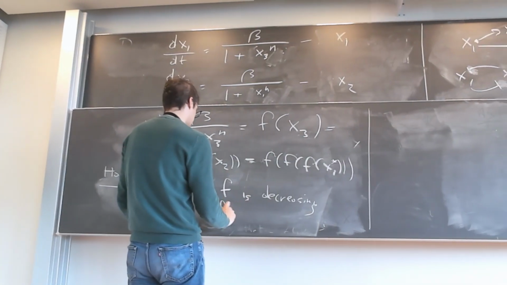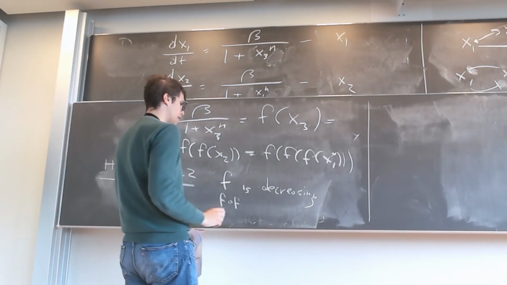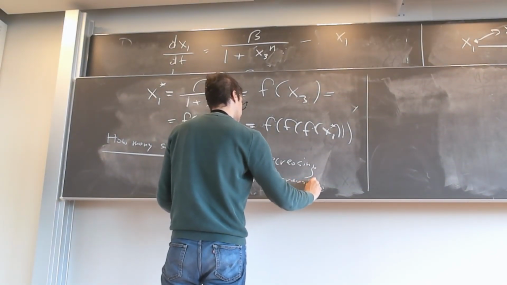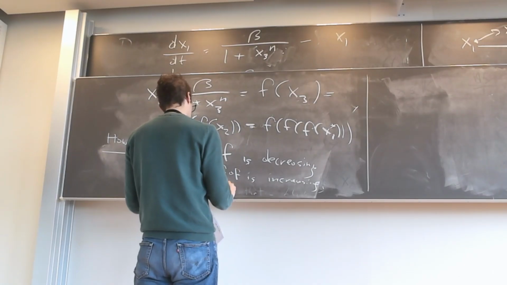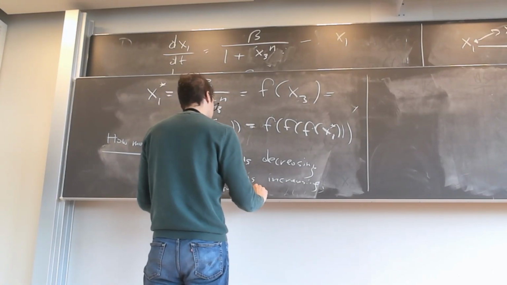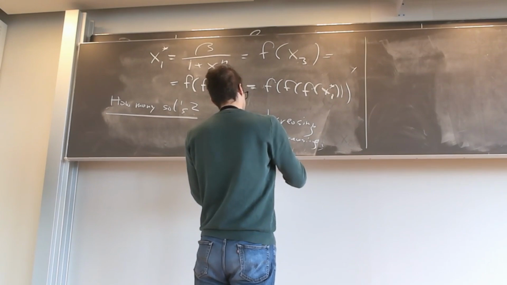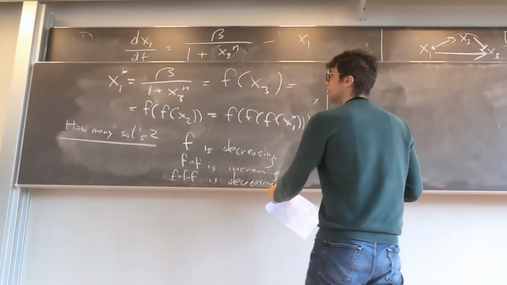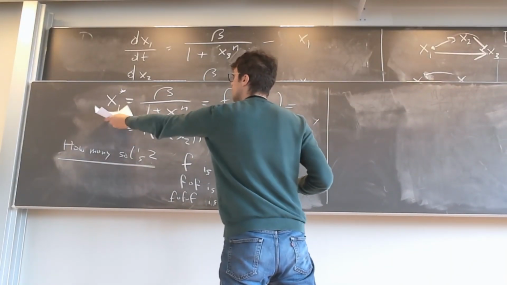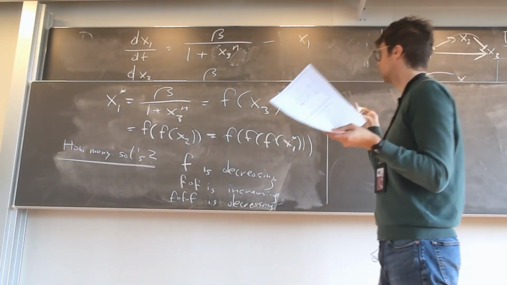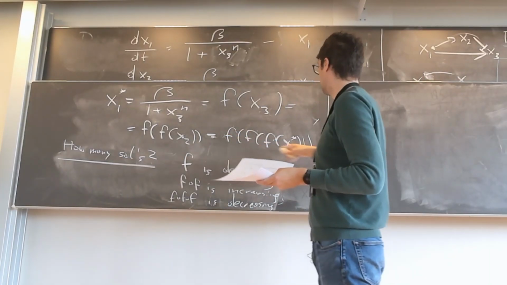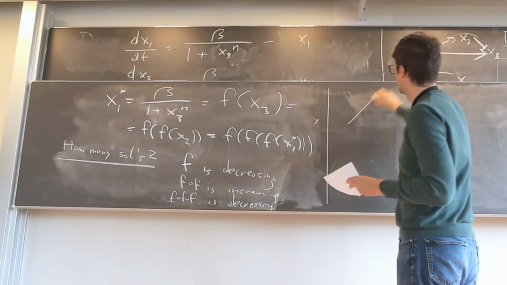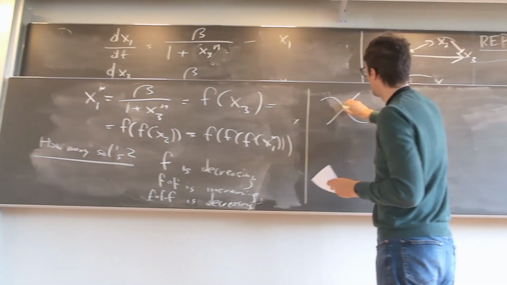That means that F applied to F is increasing. And that means that F applied after F applied to F is again decreasing. So then we have two different sides. The left-hand side is clearly increasing in x1 asterisk, and the right-hand side is clearly decreasing. So there can be only one point where they meet.